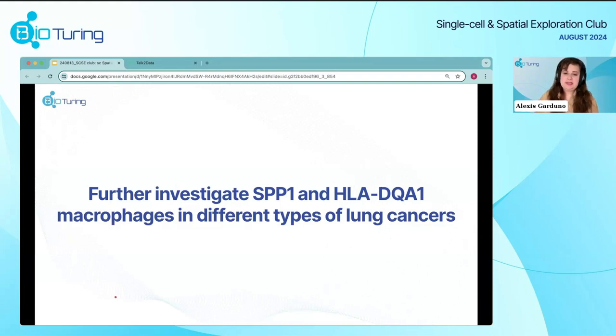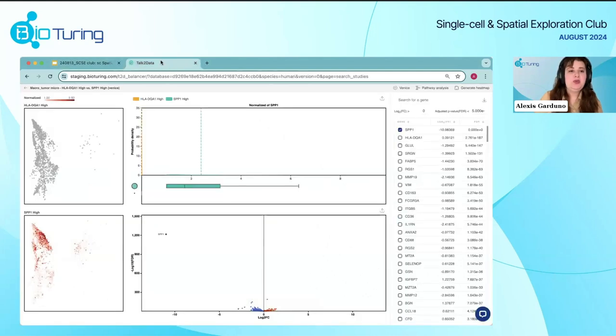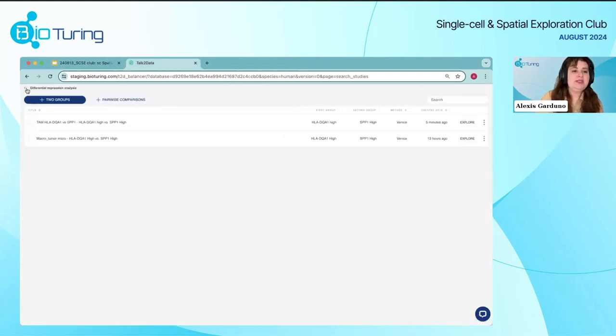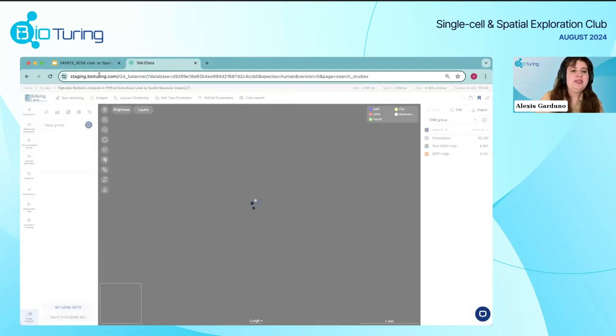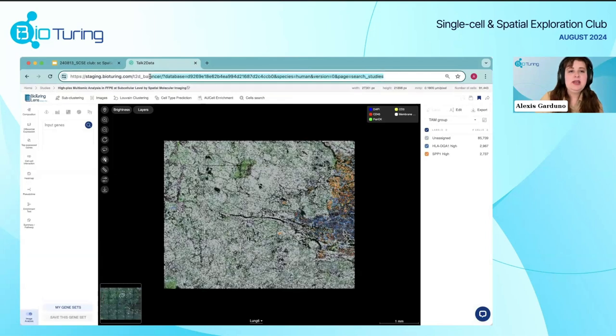So in order to address this limitation, we can perform further investigation across different types of lung cancers. And we can do this by creating a custom data set that integrates over 146,000 cells. So in order to do that, we'll go back into the system where we can see the talk to data system here.